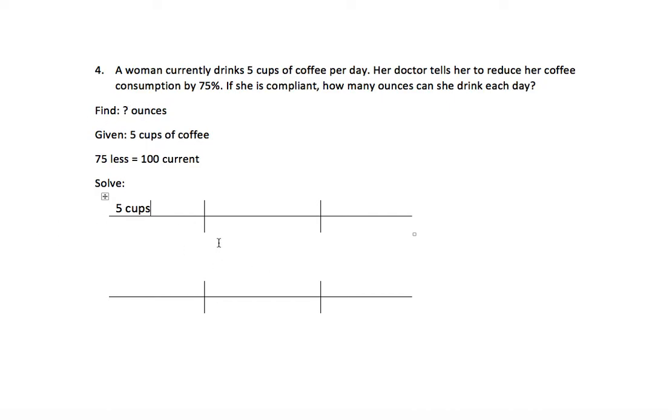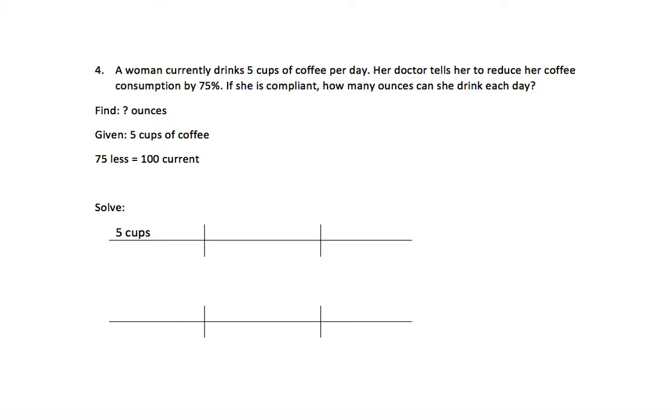So this is actually a conversion word problem. And so the other week's information and videos tell you what conversions you need to know. And this is one of them, which is that 1 cup equals 8 ounces.